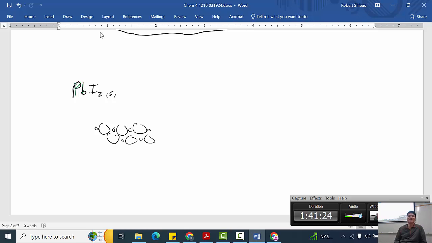So we have an ionic lattice like this. The solid is not going to translate because mu is translational. Zero.